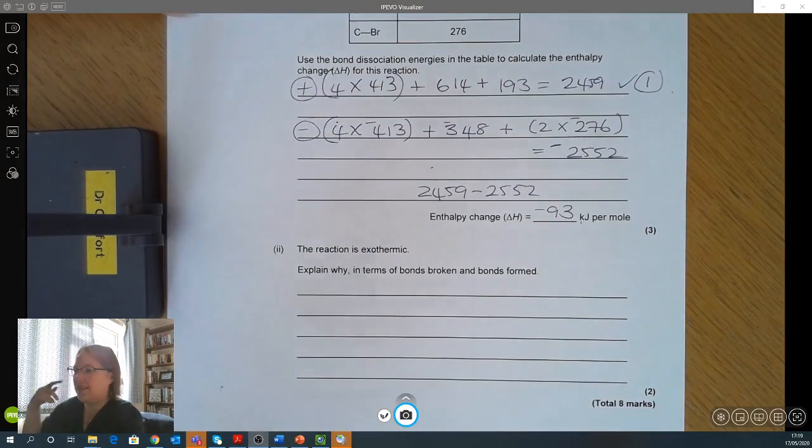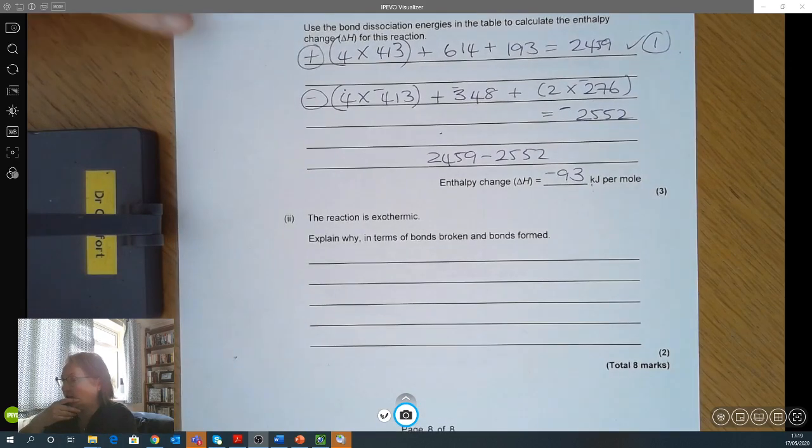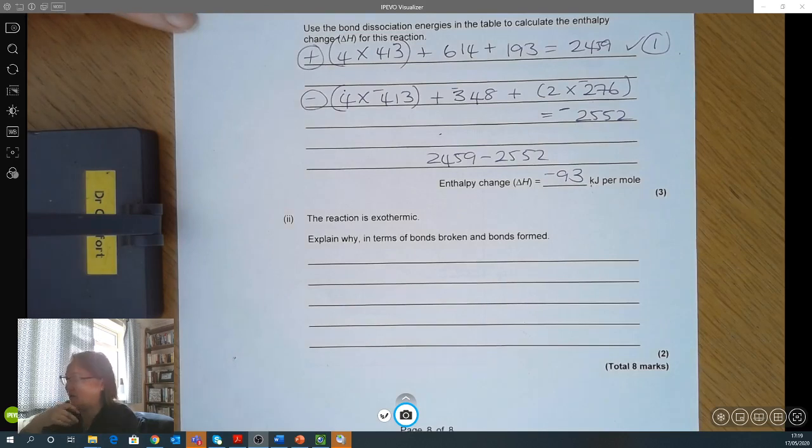So hopefully this is going to give you plenty of practice now of doing these calculations, and hopefully you're starting to get a bit of a way of laying it out yourself and getting a way of doing these. So the reaction is exothermic, and again, why in terms of bonds broken and bonds formed.